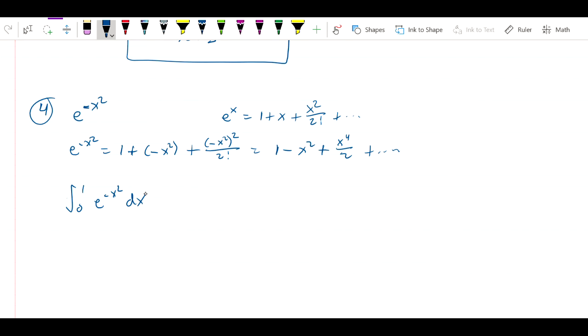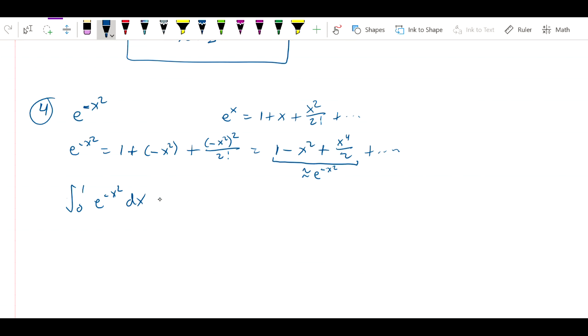There's no way to write it in those terms. So the best we're going to be able to do is to find some approximation. The idea is that this very simple polynomial is approximately equal to e to the negative x squared. That's the whole point of saying that it's the series or Maclaurin polynomial for that function.